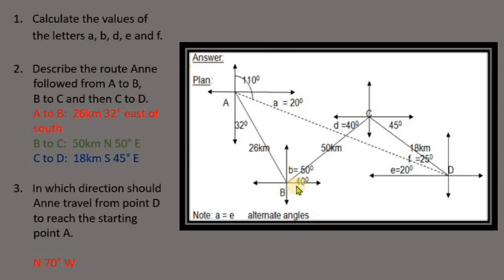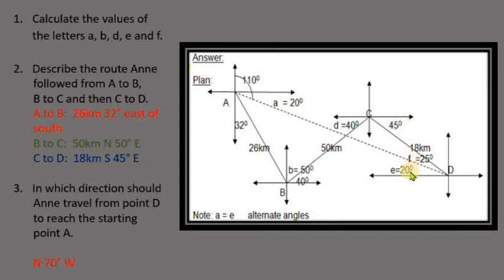So here we have the Z, and the two interior angles will both be 40 degrees. Then E, here again we have a parallel line to this one, and if we take the Z again, then we can see that the interior angles will be the same. So this one will be 45 degrees and that one will be 45 degrees.